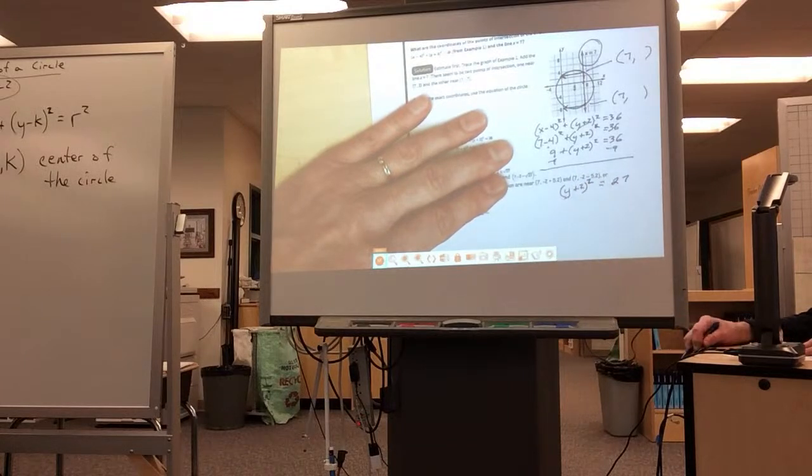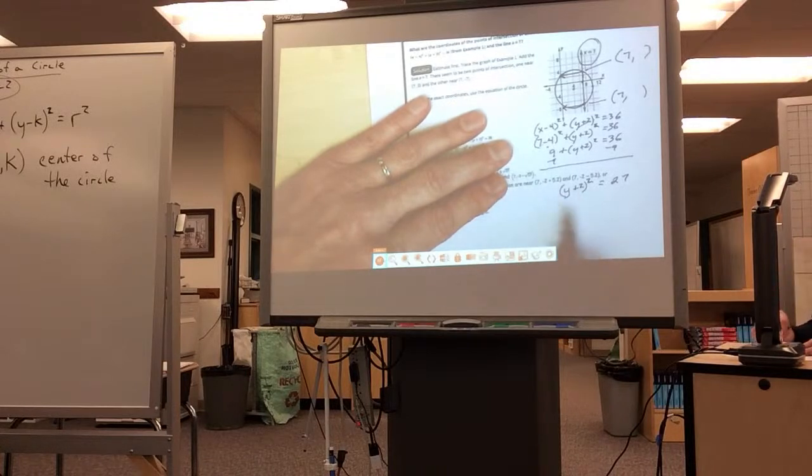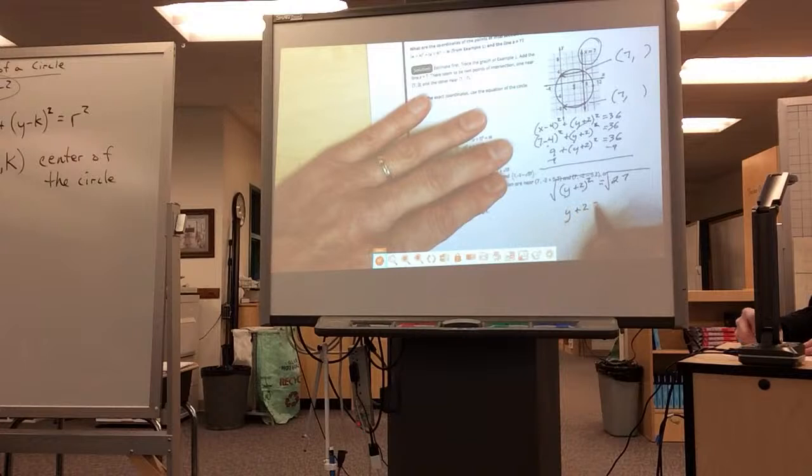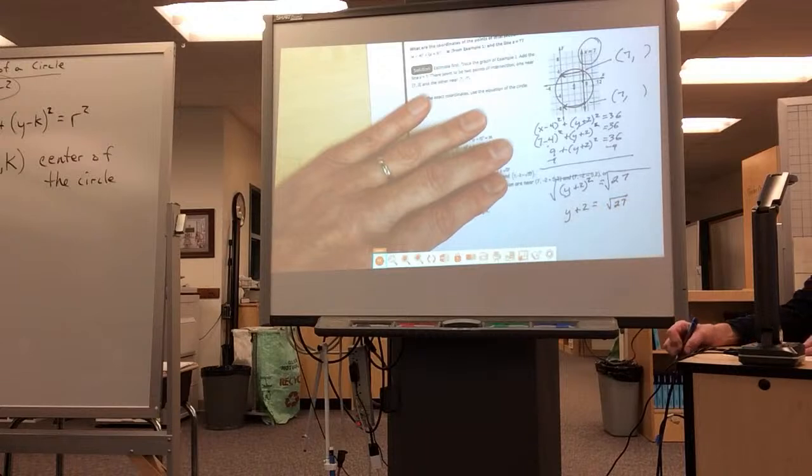You don't want to remove the parentheses. Because, I mean, you can, but when you get to a point like this where you have just one quantity in parentheses being squared, the best move is to take the square root. So now this becomes y plus 2 is equal to the square root of 27. But there's a little trick here. You realize we could have something in here that gets squared, and it could be that number 27.